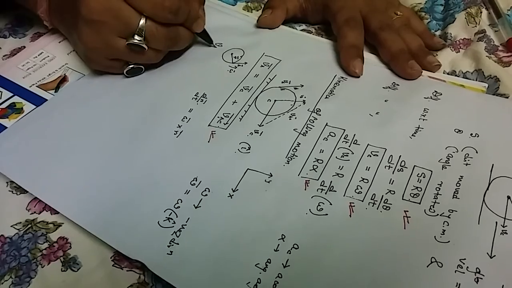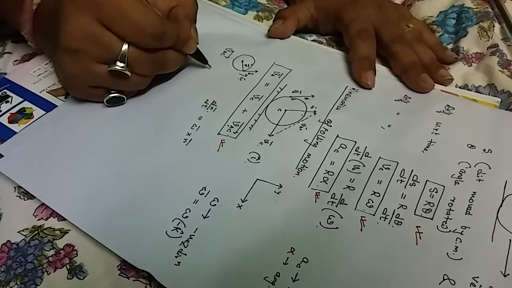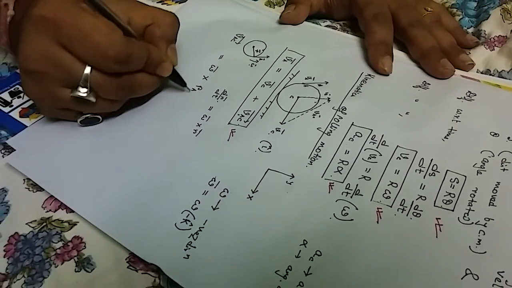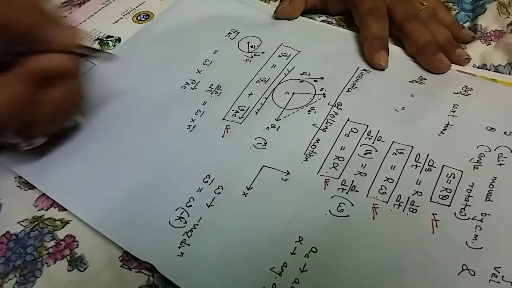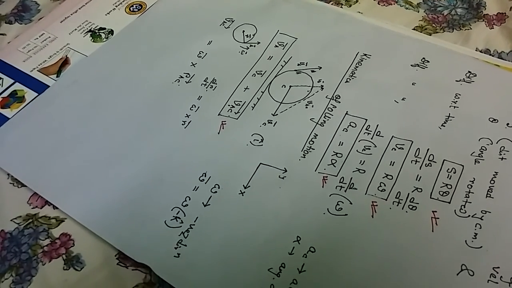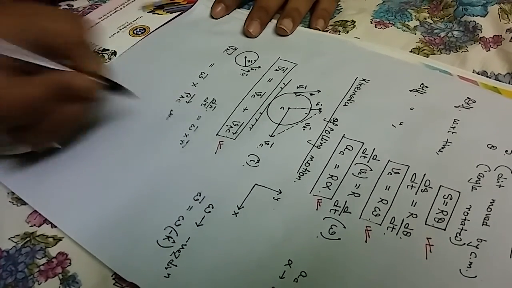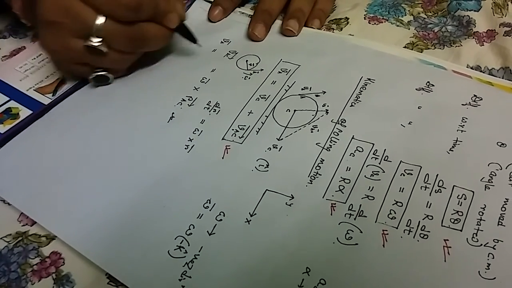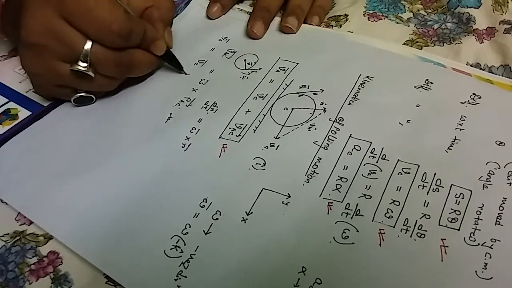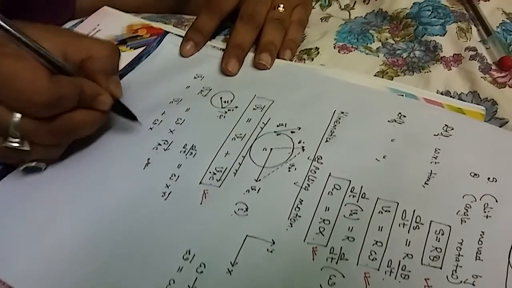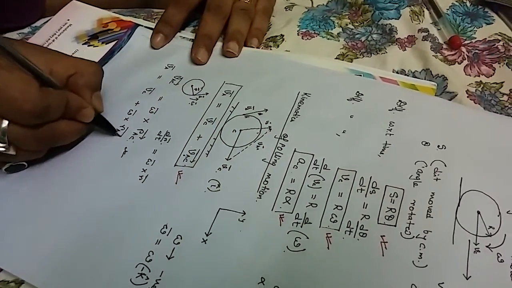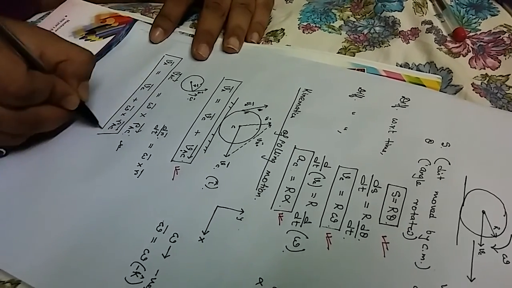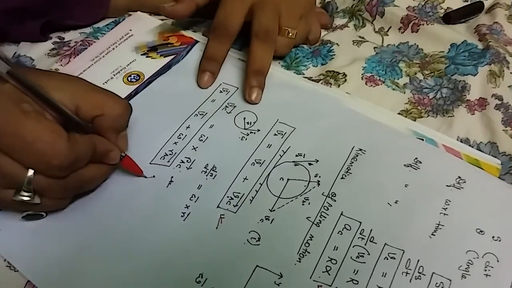Similarly, VAC can be written as omega cross the position vector of A with respect to C. So this gives VA vector equal to VC vector plus omega cross RAC. This is the velocity equation.